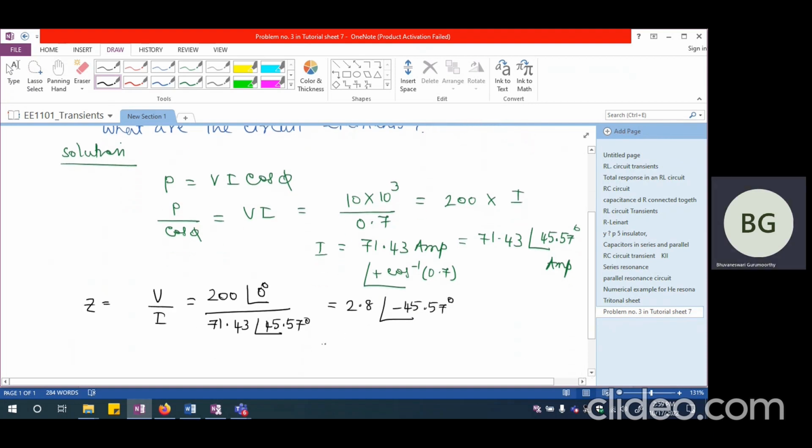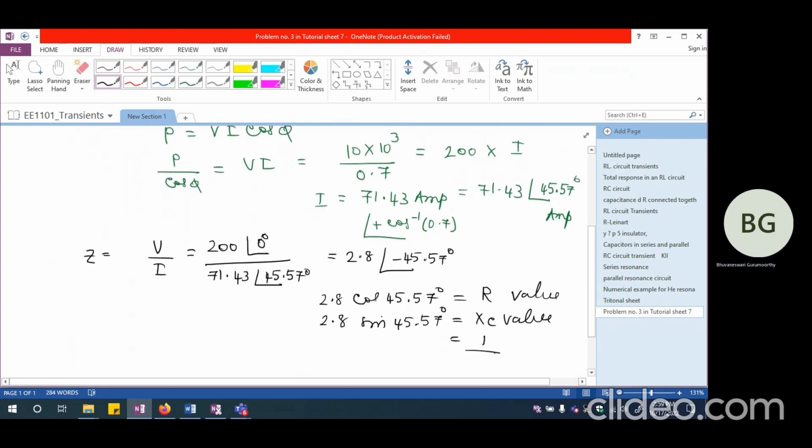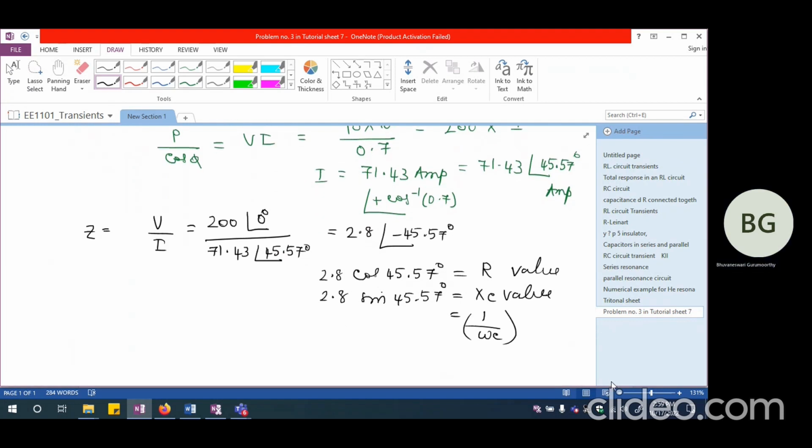So 2.8 cos 45.57 is the R value, and 2.8 sin 45.57 is going to be the XC value, which is equal to 1 by omega C, from which we should be able to calculate the capacitance. That should not be a major issue.